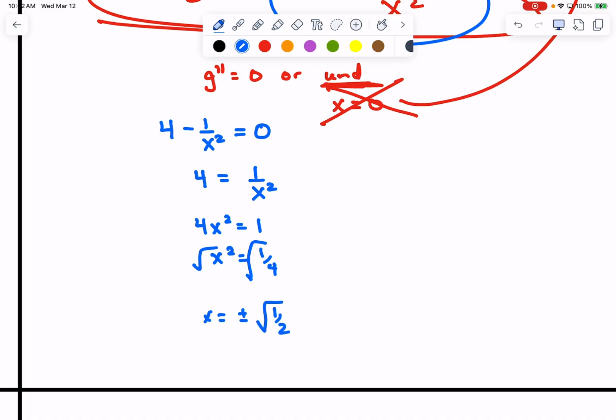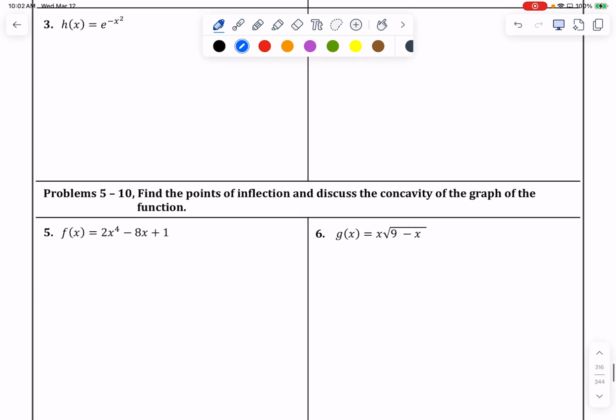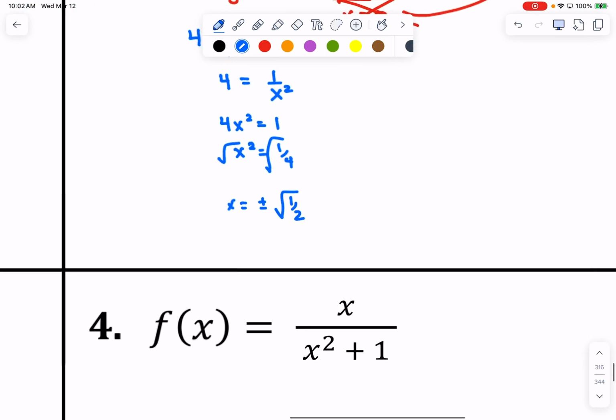So we're going to have x equals plus or minus the square root of 1/4. You can throw out the minus. Why can we throw out the minus? Again, what was the domain? Oh, sorry, it wouldn't be the square root of 1/2, it would just be 1/2. Square root of 1/4 is 1/2. You can do the square root of 1 is 1, square root of 4 is 2. So please put 1/2. If you can simplify it, simplify it.